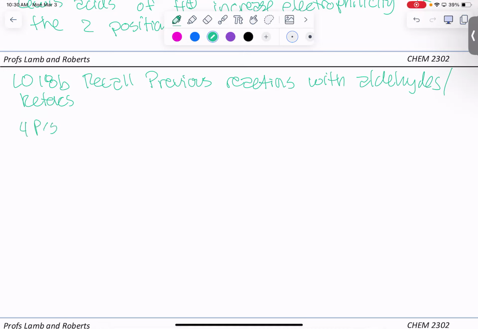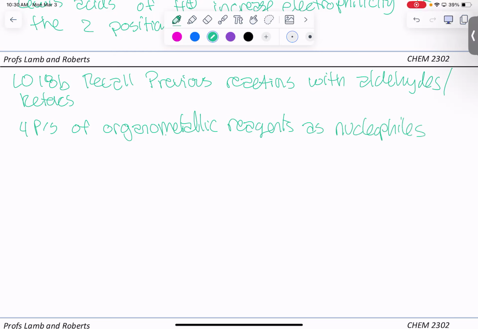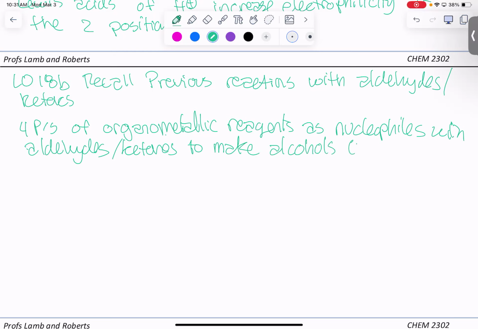We learned about the 4 P's of organometallic reagents as nucleophiles with aldehydes and ketones to make alcohols. This is back in chapter 15, on objective 15D.